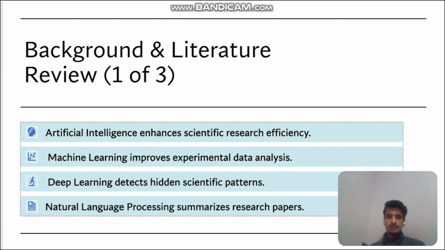The third one is deep learning detects hidden scientific patterns. What is deep learning? If you are doing a thesis or writing an article or a proposal or anything, you have to look into the articles, the previous articles, the previous theses, and many more. You have to look into every deep detail.